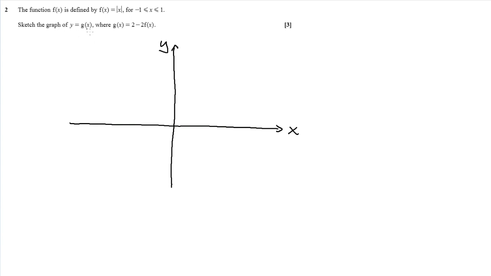Then we want to sketch g(x), and we know at the y-intercept we have a value of 2, because f(x) at naught is just 0. So we have a point of height plus 2.